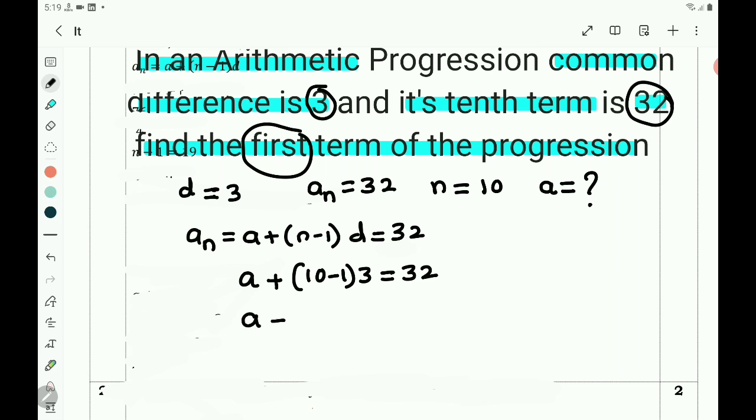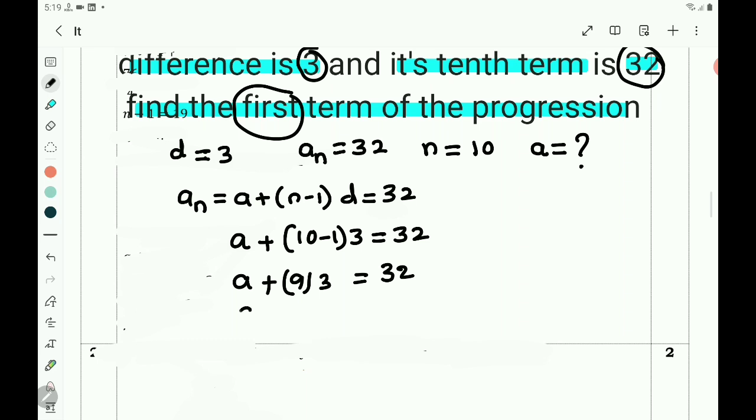That is a plus 10 minus 1 is 9, 9 into 3 equals 32. a plus 9 threes are 27 equals 32. Then a equals, transfer this 27 to the RHS.